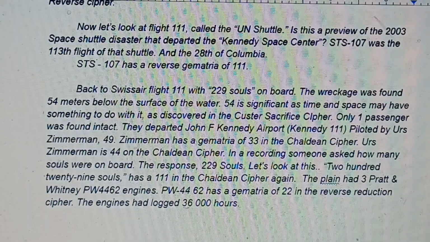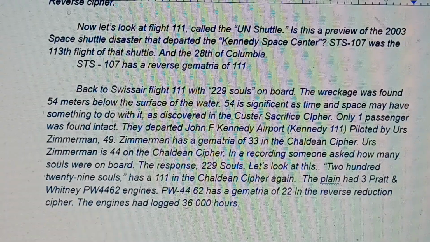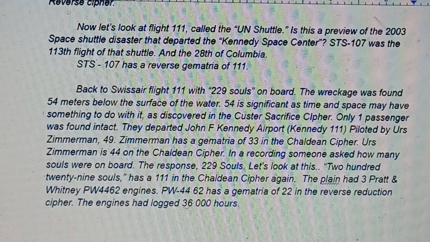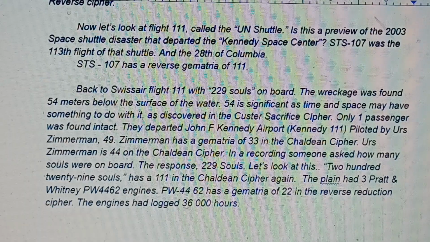So we have a 22, 33, and now a 44. Oh, do I have it? I don't have 22 on this one yet. Anyways, 229 souls spelled out has a gematria of 111, again in the Chaldean cipher.